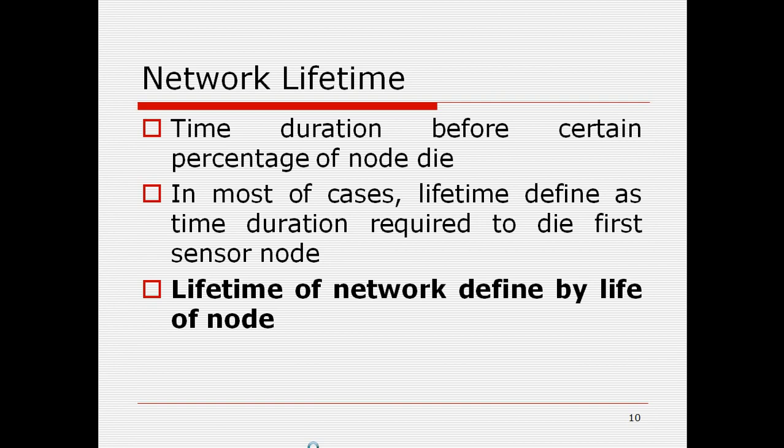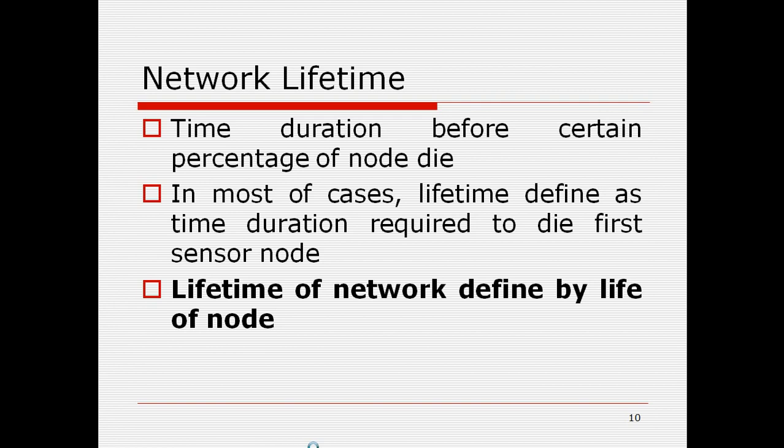It is not necessary to take only the first node; in some applications, the first 10 nodes dying may be considered, depending on the application. So the lifetime of the network is defined by the life of the node.